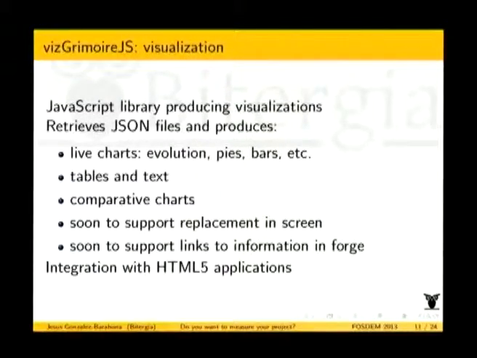They are specialized in visualizing the JSON files produced by R or by other means. The idea is to have live charts, like evolution charts, pie charts, things like that, tables, text, comparative charts, and we are also supporting replacement on the screen so that you can change things in the data if you need that.